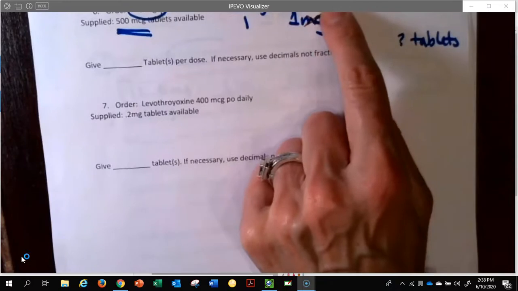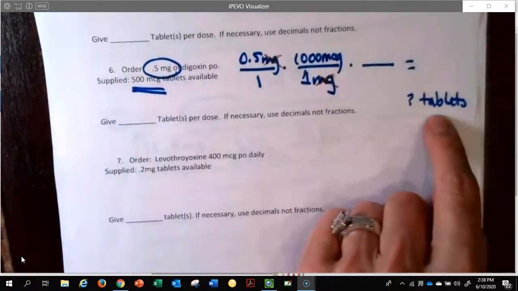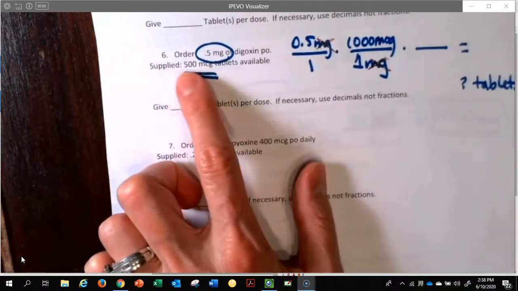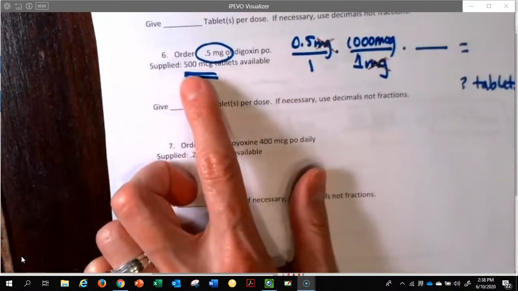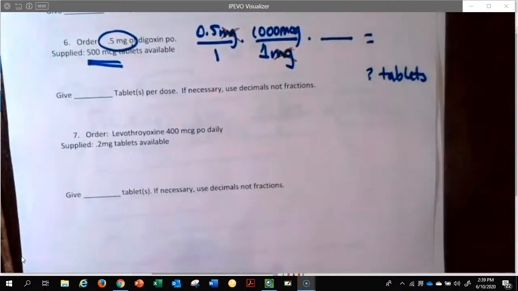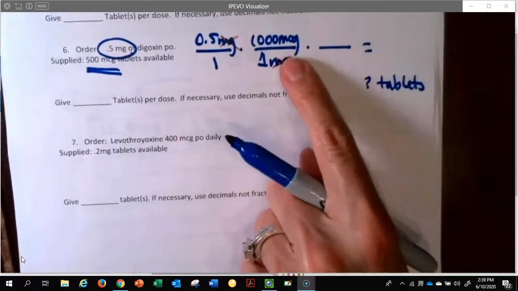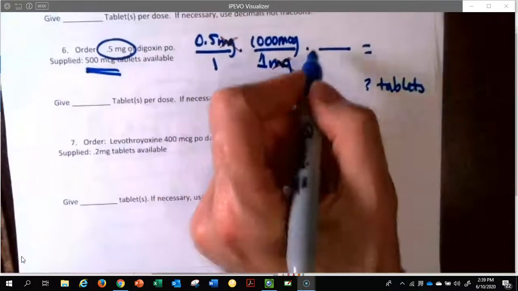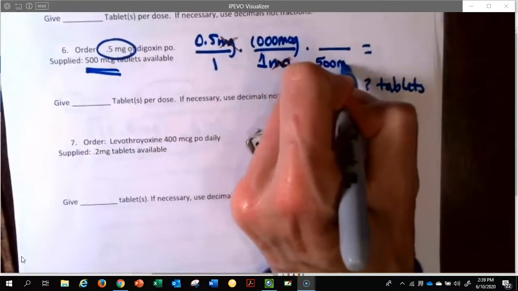I still have mcg, and what I need are tablets. And so let's look right here. What they supply, what they have in their cabinet are 500 mcg tablets. And so now, oh, how am I going to do it though? Because I know that these are tablets. I know that my mcgs are in the top. I need it to only be the word tablet. So let me go ahead and take what they have, 500 mcg.